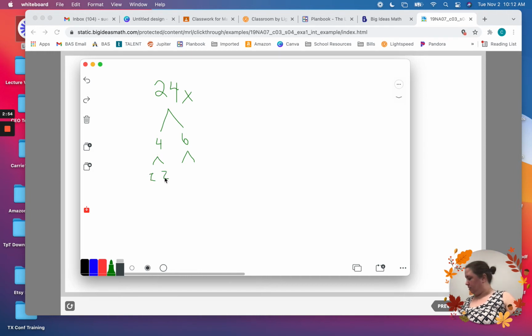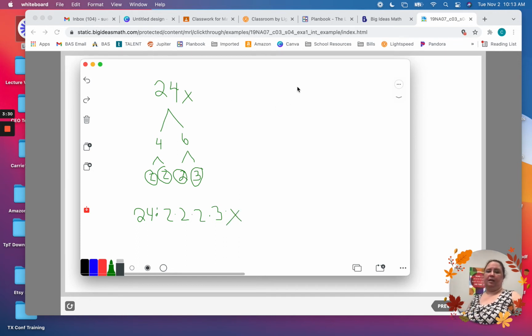And the 6? 2 times 3. Okay, can I factor any more of these? No. So then these are my factors. So 24x, the factors would be 2 times 2 times 2 times 3 times x. Very good.